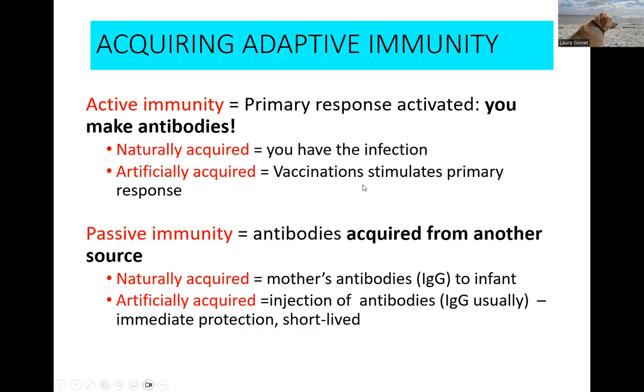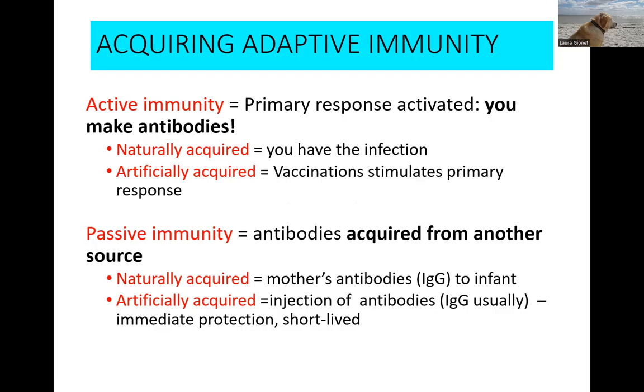It stimulates the primary response. You don't get sick from it. They're generally dead viruses. Occasionally, a small quantity of a live virus would do. And as I said, in the case of COVID, we used messenger RNA, which is fantastic because the speed in which you respond and make the antibodies is going to be faster than the old-fashioned way of either having to come across it, which of course would be horrible, or having a vaccination from the dead virus of COVID-19.